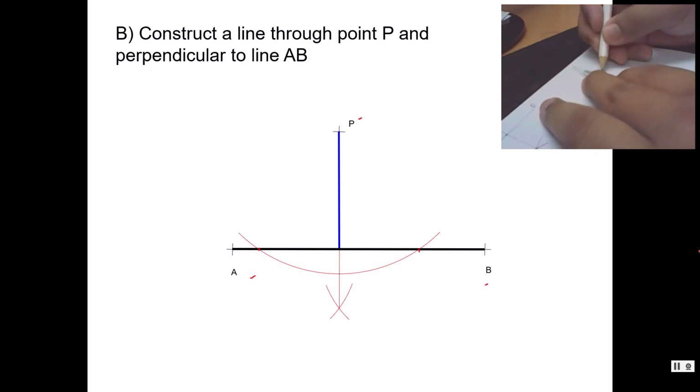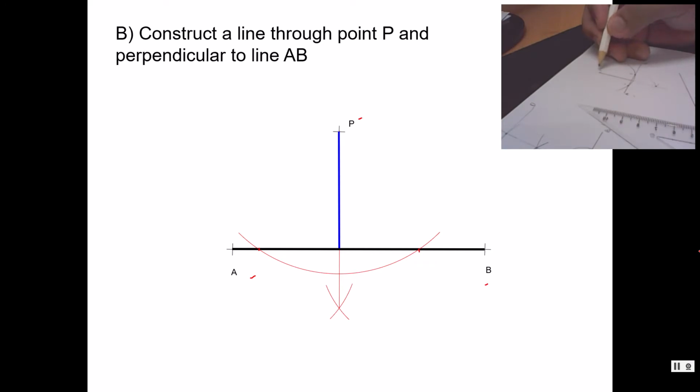Then after that, we darken the line that we want, which is here. This is the line that we want, through point P to line AB. So this is the line that we want at the end. Okay, I really hope that you can at least get some, because I know it's not really that clear the way I draw it, but at least you can get the point that I want you to find.